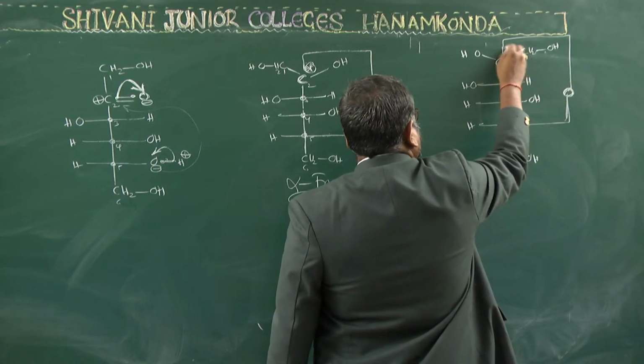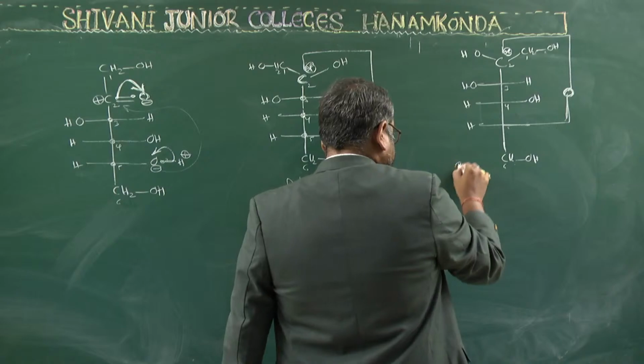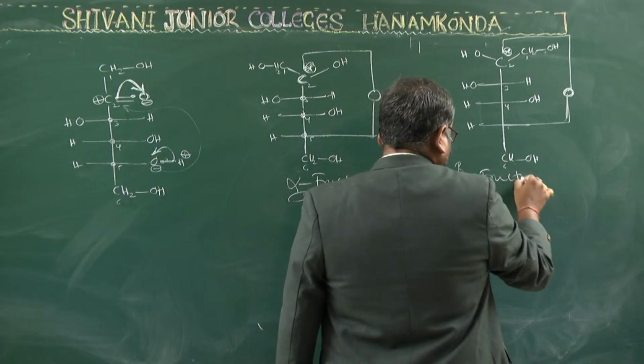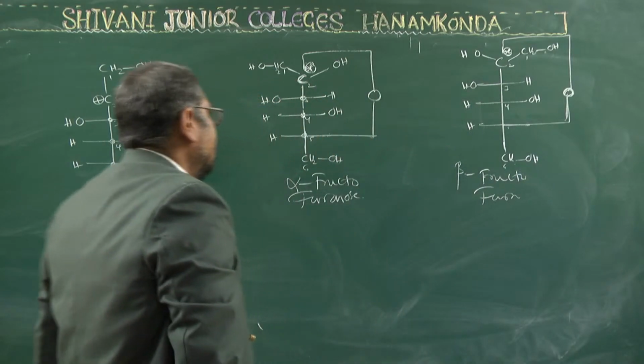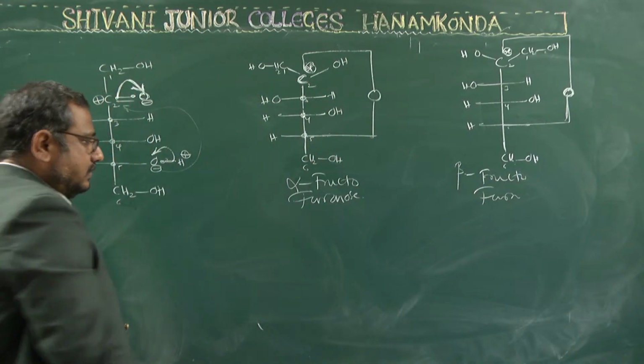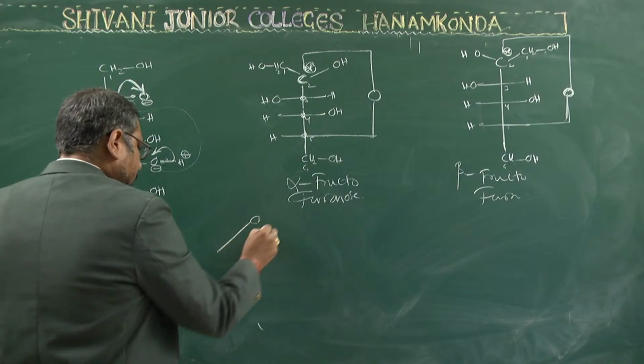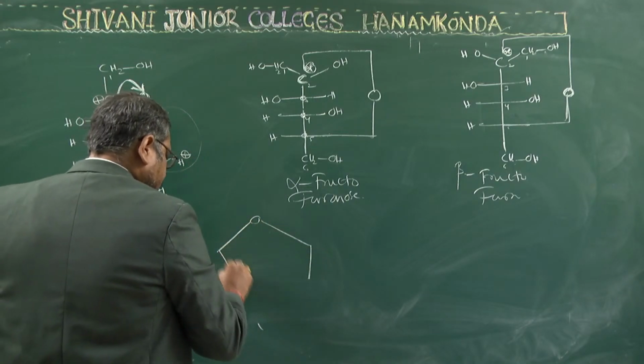Opposite to the ring structure, the OH group is opposite, and that is the beta-fructofuranose ring. And this is the Fischer representation. What about the pyranose representation?